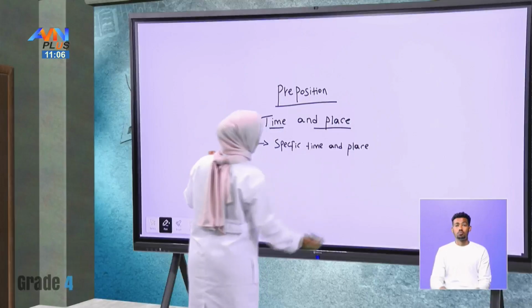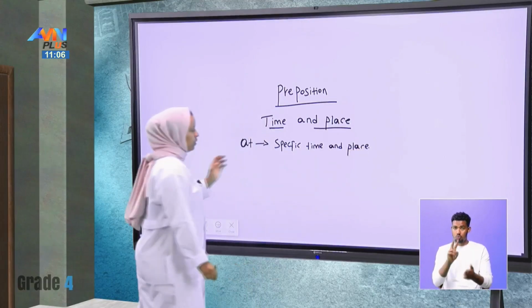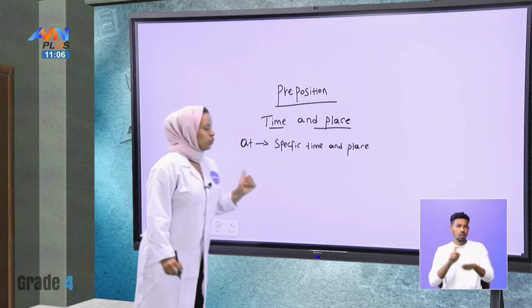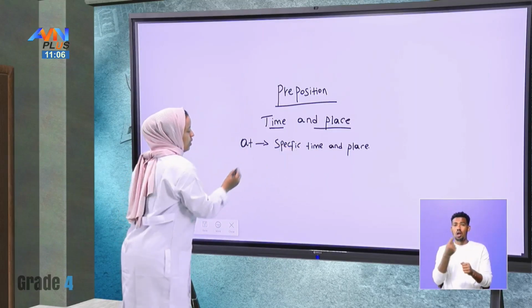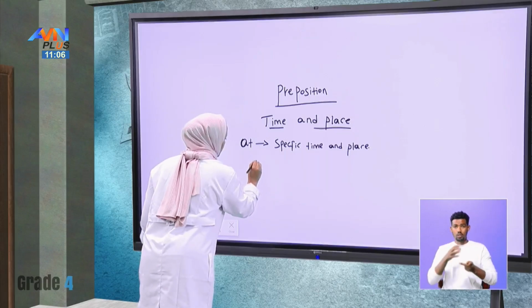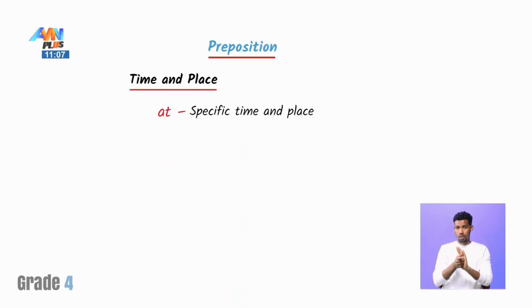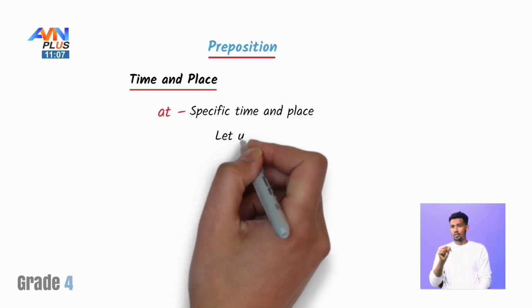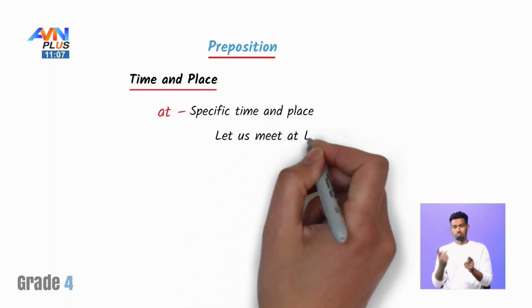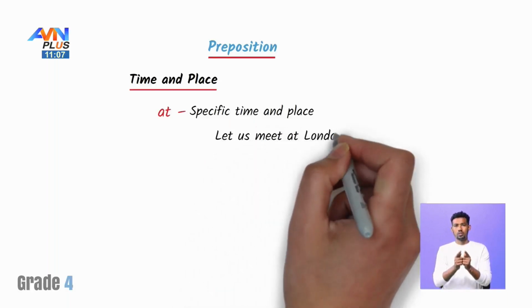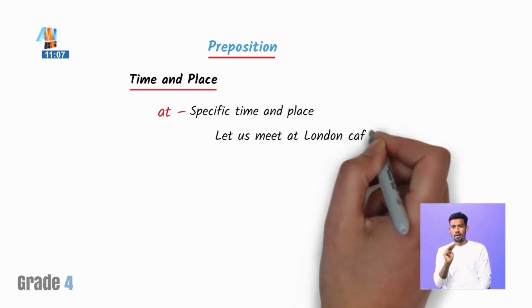So let me give you two examples. It depends on time and place. So the first one, we can use at for a specific time and place. For example, let us meet at London Cafe.